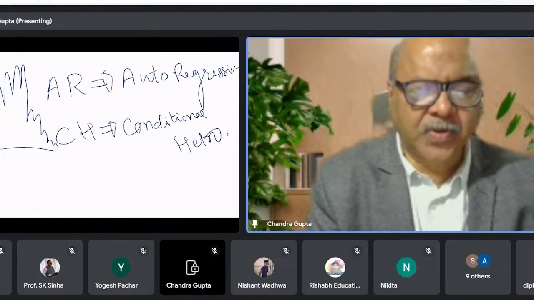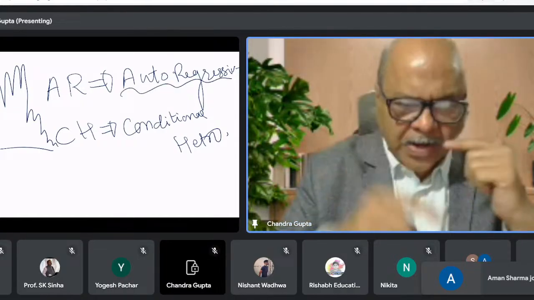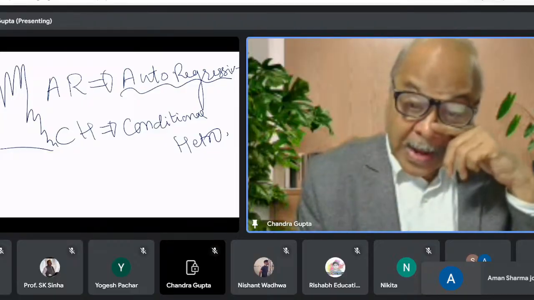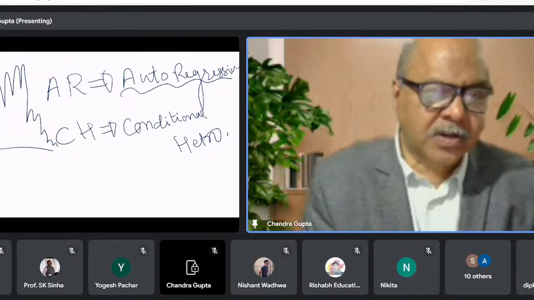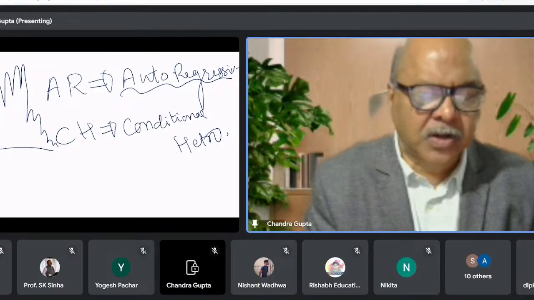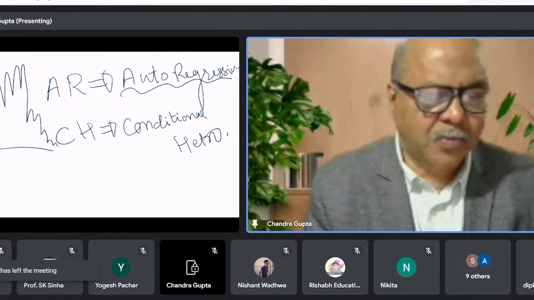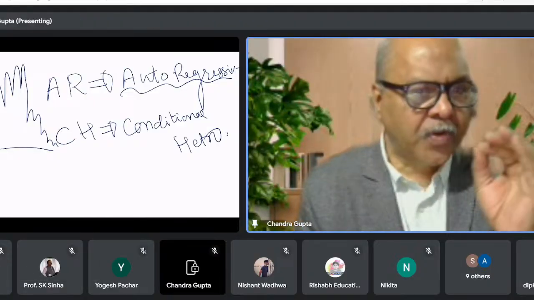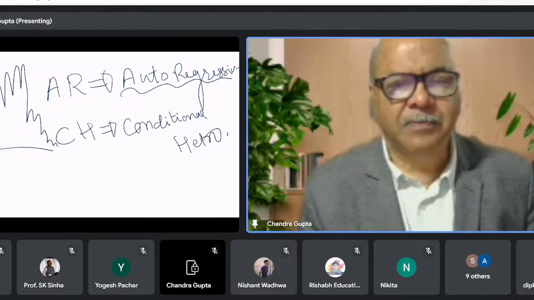In that case, we say autoregressive, variance with itself. And conditional because it depends upon the historical data, and heteroscedasticity because my variance is not constant. Every day my variance is changing. So my variance is time varying variance or dynamic variance which is changing with time.